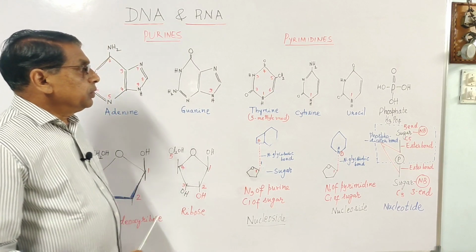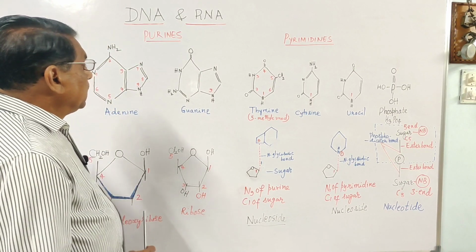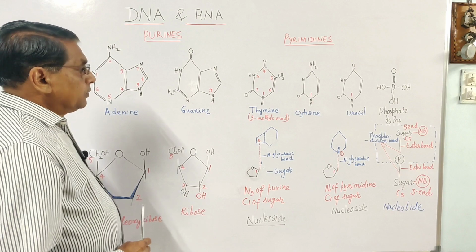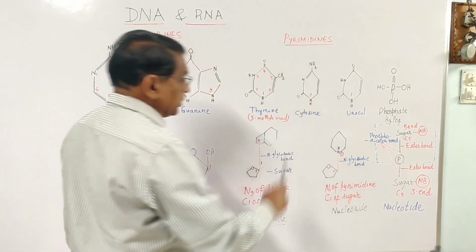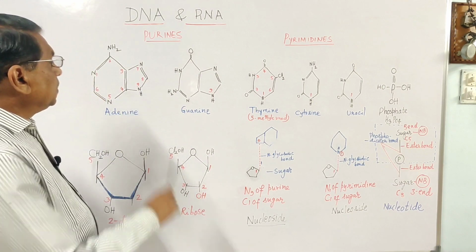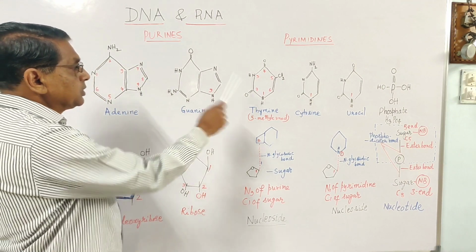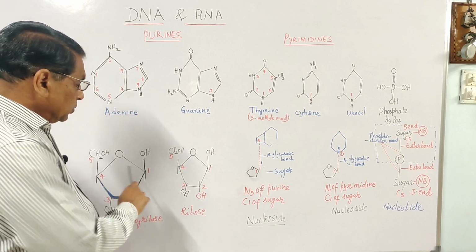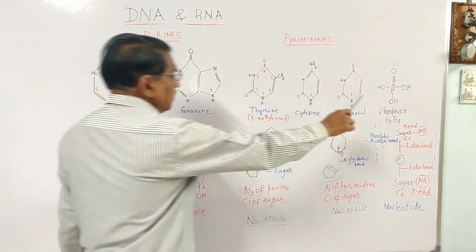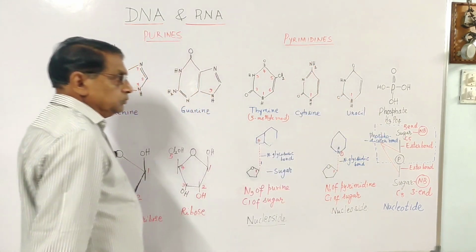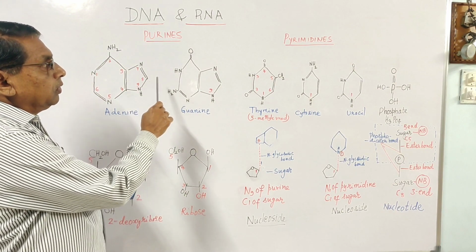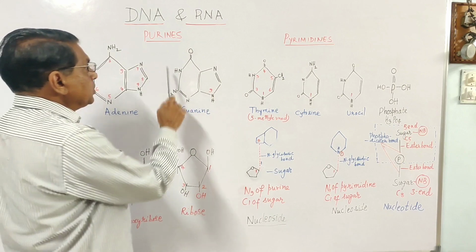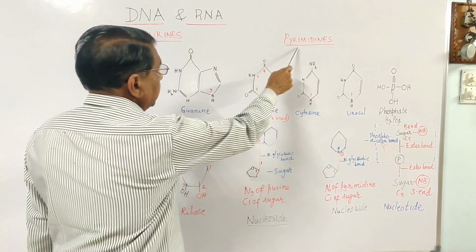Now let us try to understand the chemical structure of the components of nucleosides and nucleotides. The three components are nitrogen bases, sugars, phosphate. Now, when we take the nitrogen bases, purines and pyrimidines.